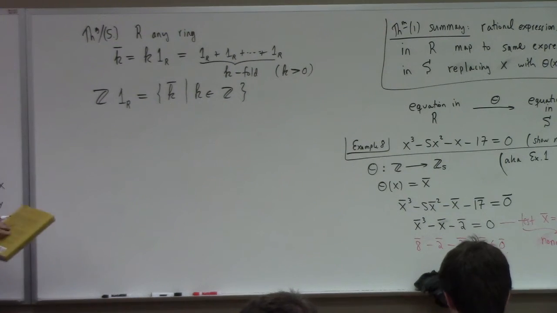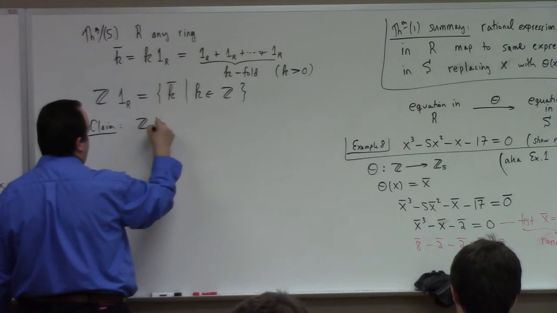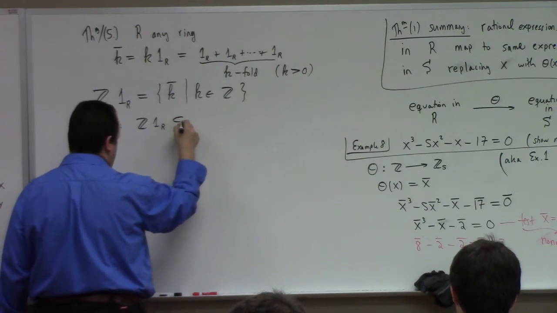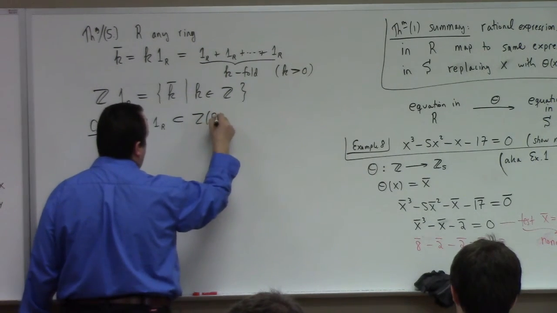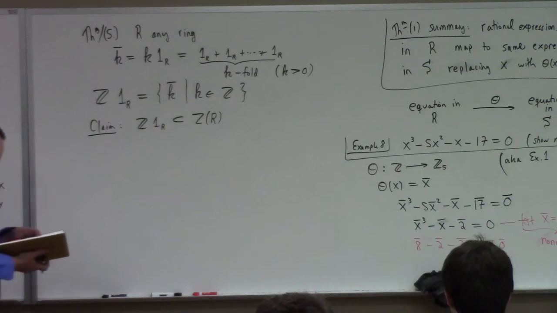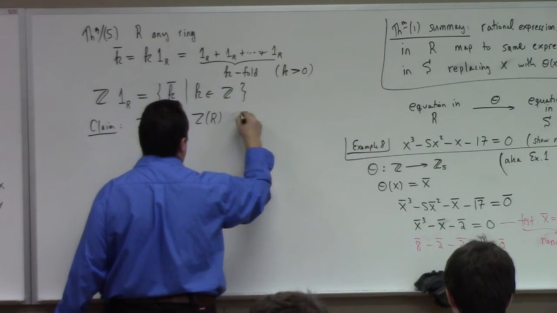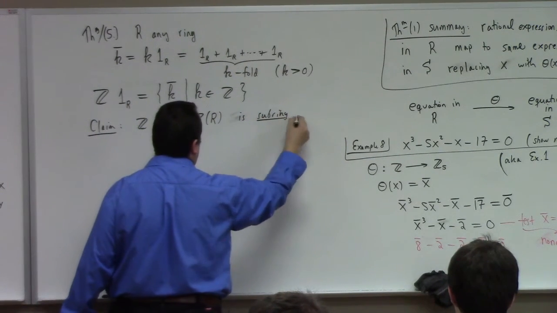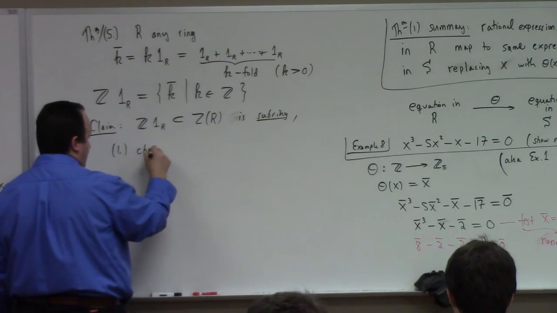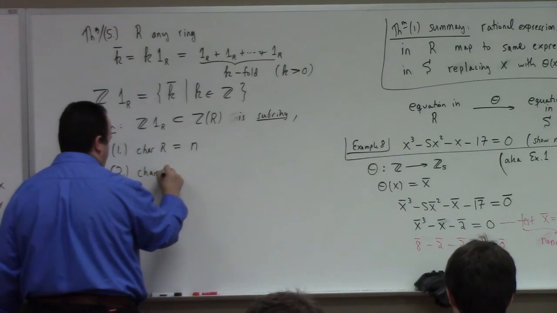And what this theorem says is that Z 1R is a subset of the center of the ring, and also it's a subring, the central subring of R. Moreover, if the characteristic of R is equal to n... what was the characteristic?